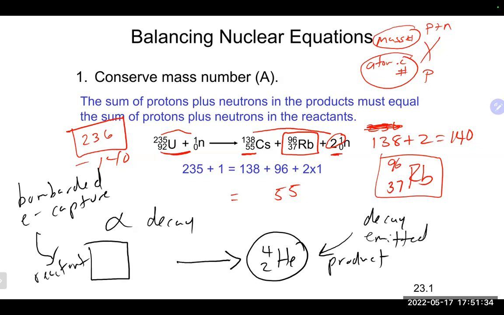And as we change the number of protons, we are changing what the element is. So there is no conservation of elements in nuclear chemistry. And it is the proton or the atomic number that determines what element you're talking about. As the number of protons changes, so does the element. Any questions on that?